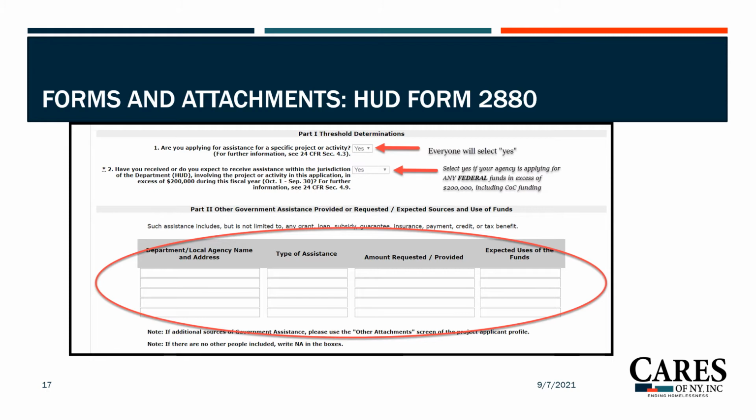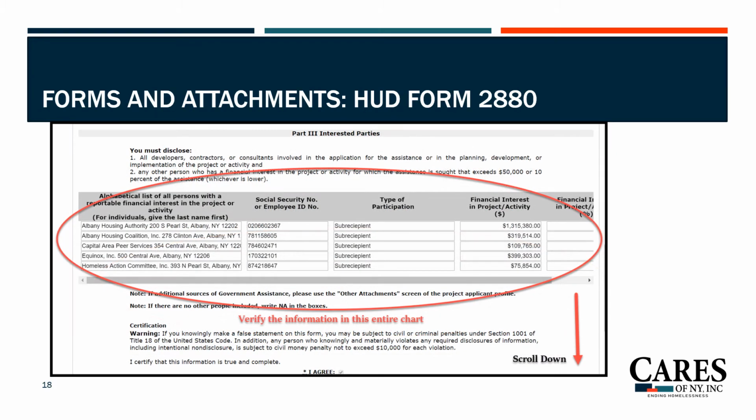Part 2, also pictured on this slide and circled in red, is where you list any other governmental support that you're receiving. On Part 3 of the 2880, you'll list all of the other parties who are associated and have a financial investment in the project, such as developers, contractors, consultants, or subrecipients, if they receive in excess of $50,000 or 10% of the COC funds requested.